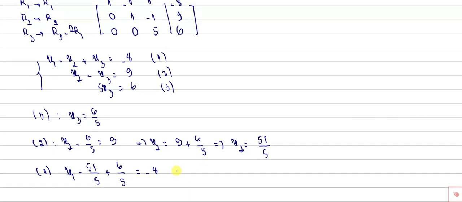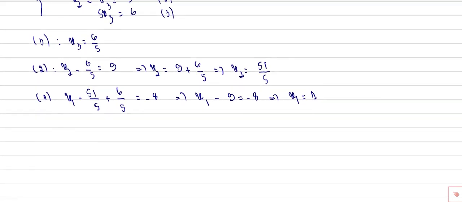So we got x1 minus 45 over 5, that is 9, equal to minus 8. So we got x1 is equal to 1.